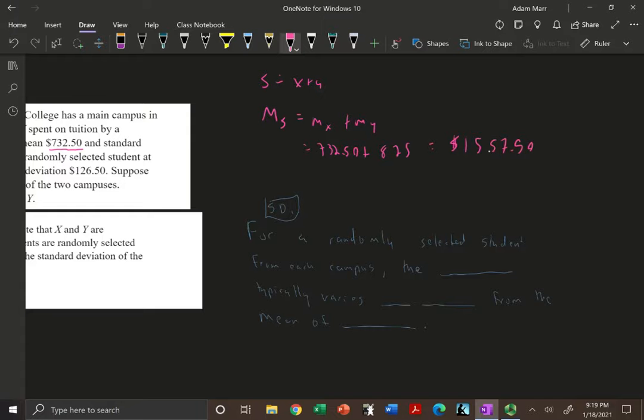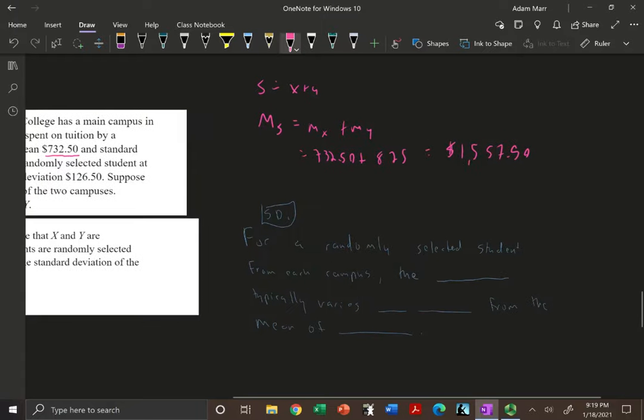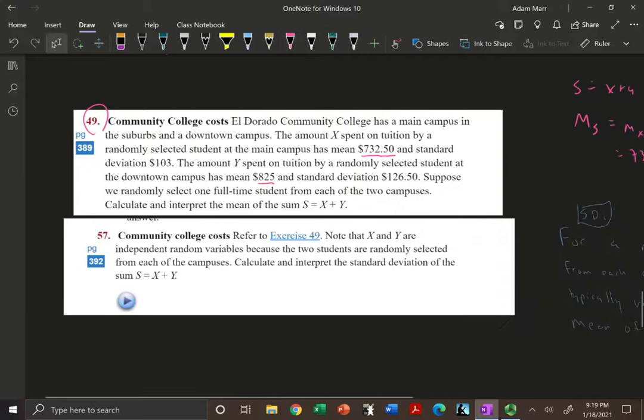All right, so let's see here. Context right here. So what are we talking about? This is the mean of the sum. We randomly select one full-time student from each of the two campuses.